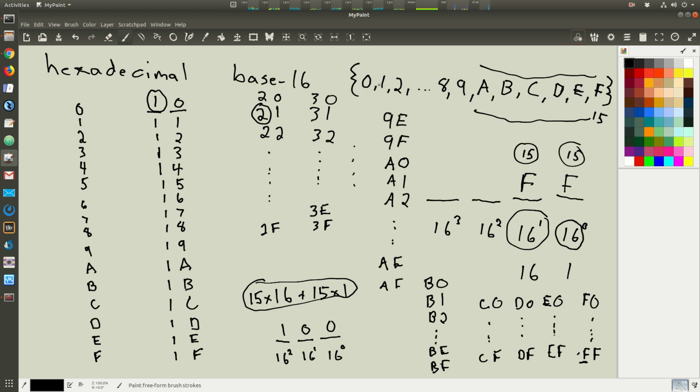So the value of the individual digit times the value of the place that it's in. This is the 16 squared's place. So we have 1 16 squared, we have 0 16 to the first, and we have 0 16 to the zeroth. Alright, so that's how you convert all of these number systems to decimal. So that's enough for one video.